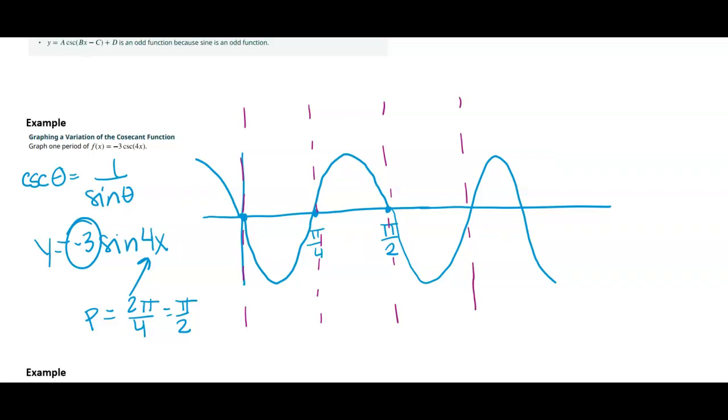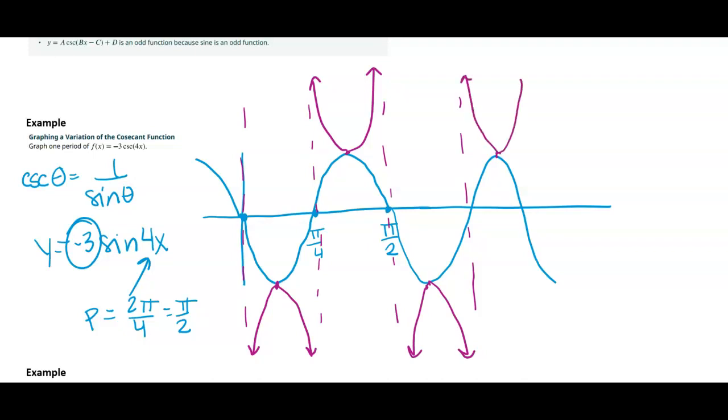And then that 1 over piece just means that you're going to have a reciprocal type relationship for your cosecant. So it's going to end up looking something like this. That purple graph without the blue graph would be your cosecant graph.